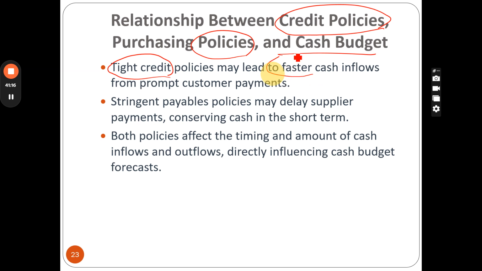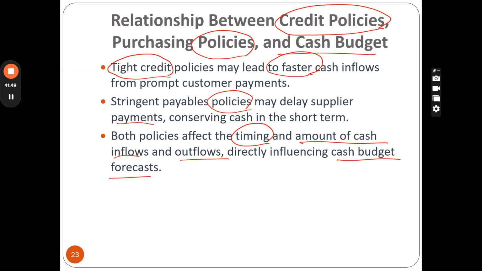So you are going to get your money faster. Same like stringent payable policies may delay supplier payment. Like you are not paying quickly to your suppliers. That will also conserve some cash. So both policies affect the timing and amount of cash inflows and outflows. And this is going to directly influence the cash budget.